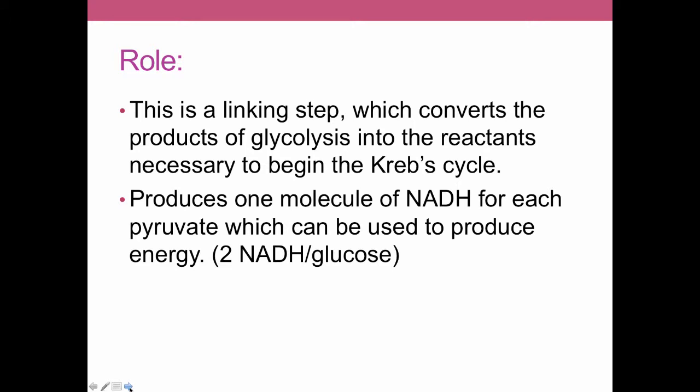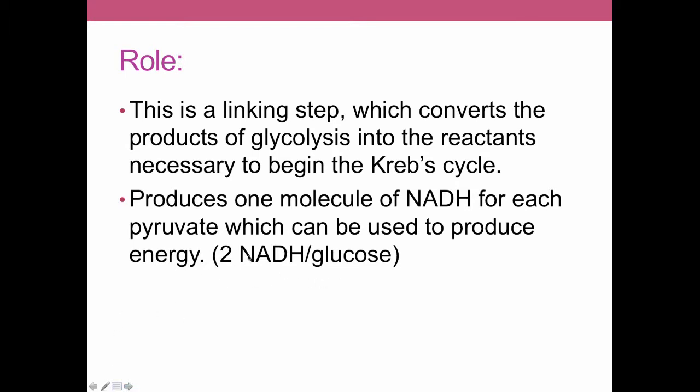And the role of pyruvate oxidation is to prepare that pyruvate, the end process of glycolysis, and convert it into something that can begin the Krebs cycle. So it's that 2-carbon unit that's actually going to go to the Krebs cycle. And it does produce a molecule of NADH, which is going to be used to produce energy.